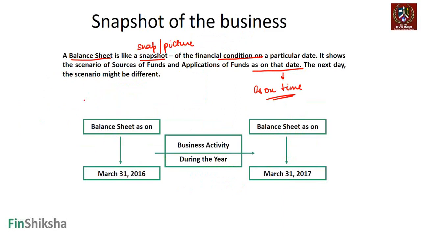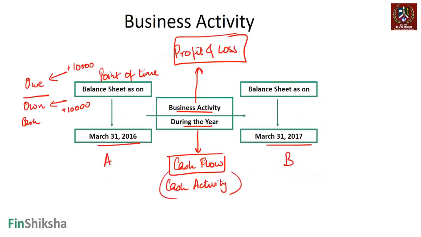We use multiple terms for these, but typically right now just understand that it is a statement that is only on a given point of time. It is not a periodic statement, right? On the other hand, this is an annual statement. When we say annual statement, what happened between these two dates is what is getting captured, right?